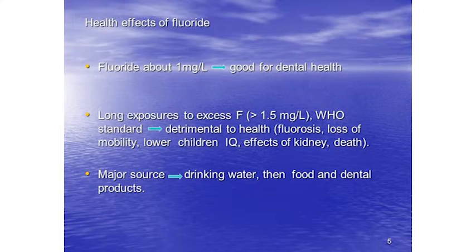Now, fluoride has health effects. If you take fluoride in reasonable quantities, about 1 milligram per liter, it is good for dental health. But if you take fluoride for long periods with concentrations beyond 1.5 milligrams per liter, then you start having health problems, which range from fluorosis to loss of mobility, lowering of IQ of children, kidney problems, and even death if the concentrations are very high.